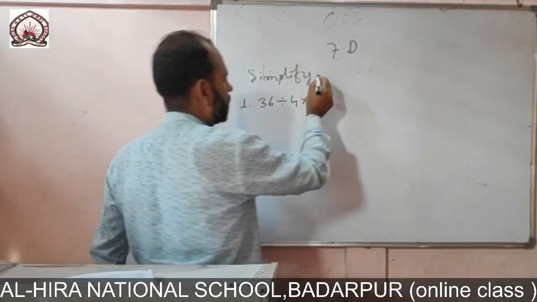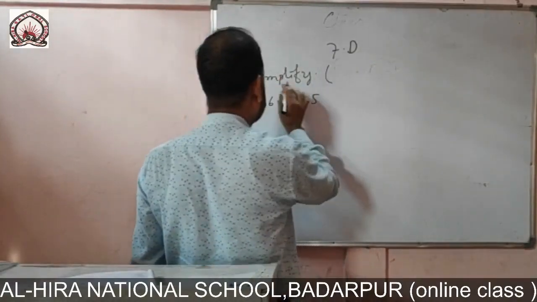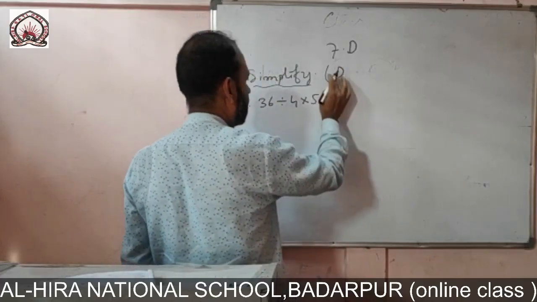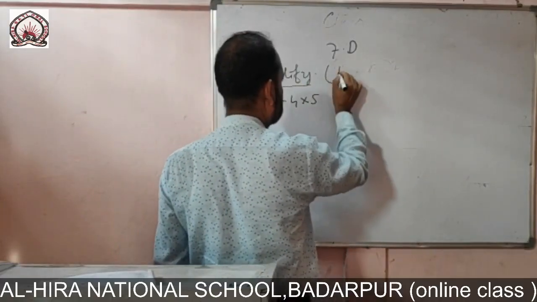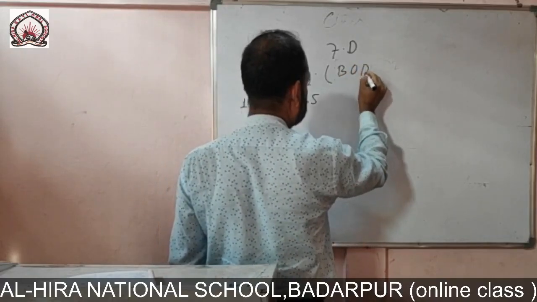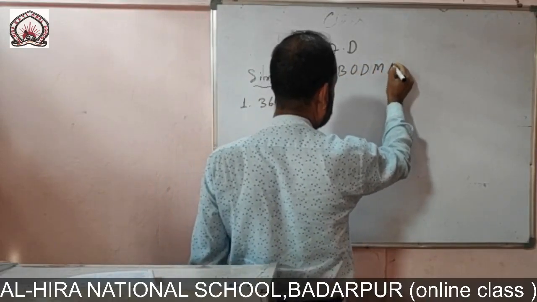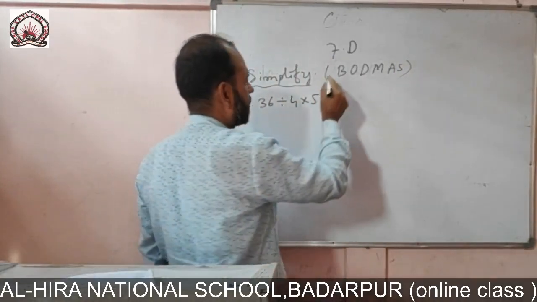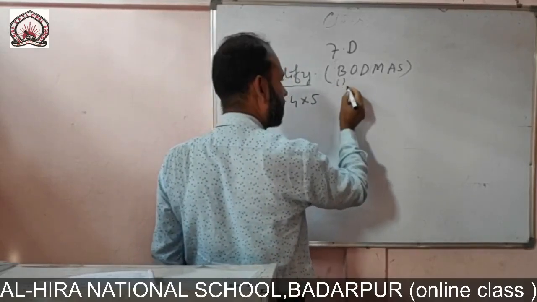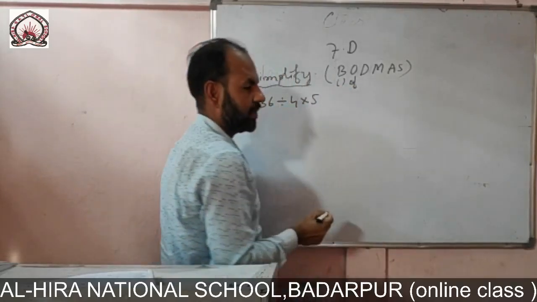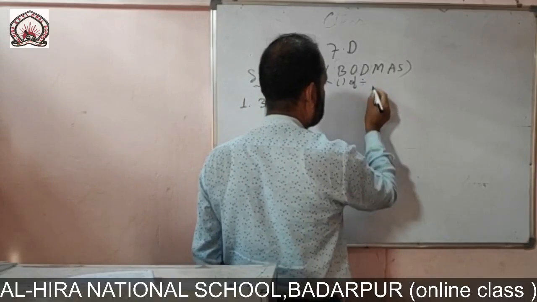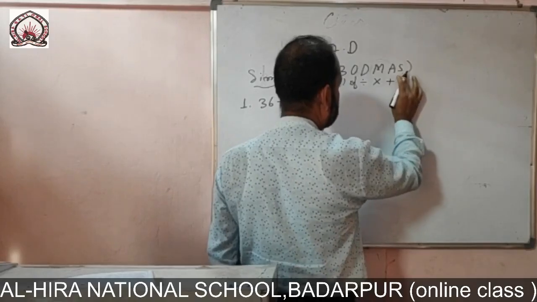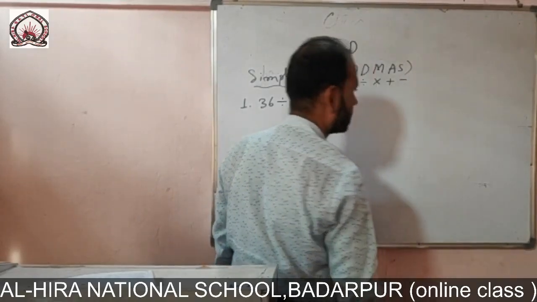So to simplify, we do Bodmas rule. We follow Bodmas rule. B, O, D, M, A, S. Bodmas means B means bracket, O means of, D means divide, M means multiply, A means addition, and S subtraction.